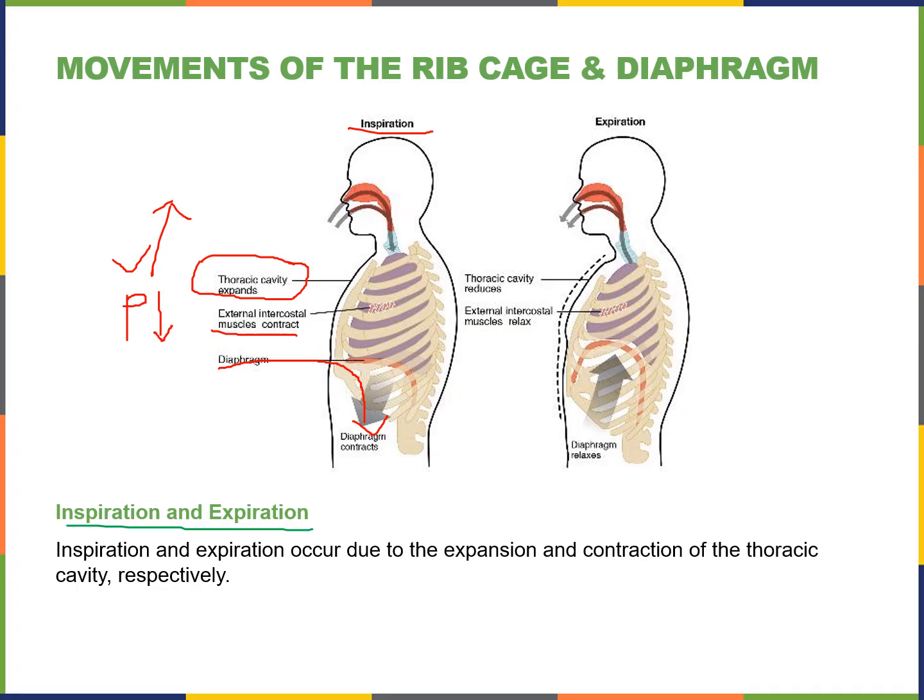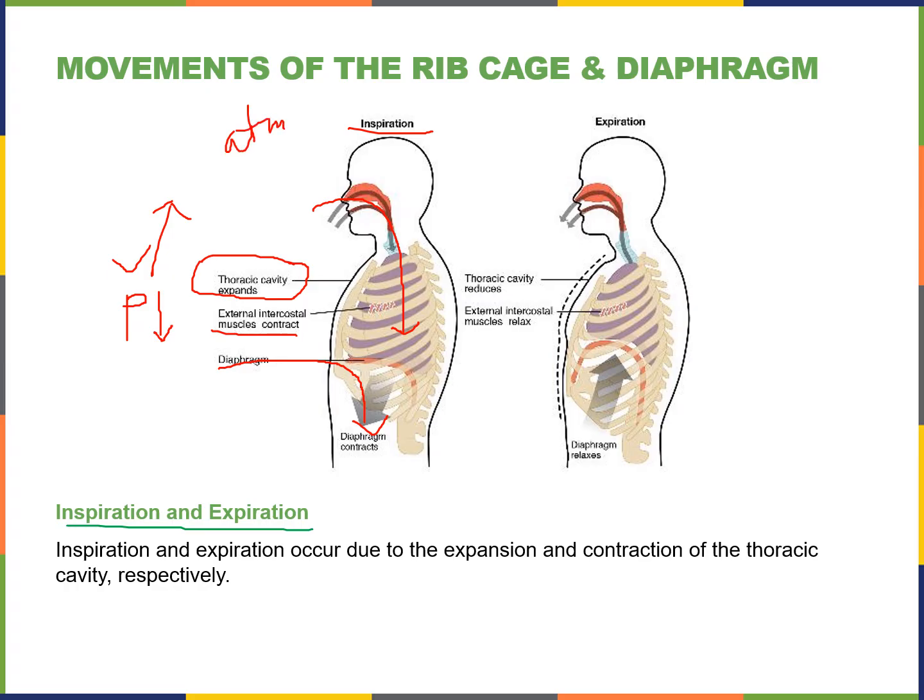Now, as the air is coming in and filling up the lungs, the pressure inside the lungs is now going to increase because you have more air molecules present in the lungs. So there gets to a point where that pressure is slightly above atmospheric pressure outside here.